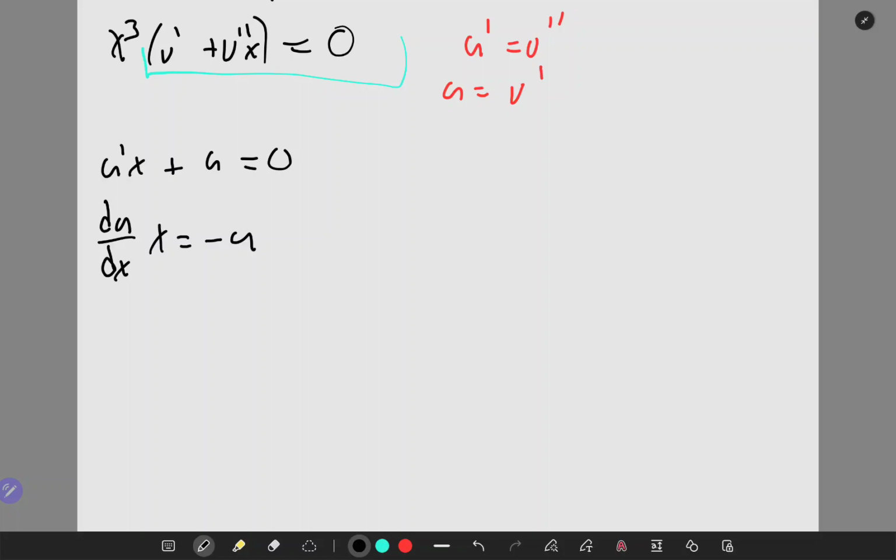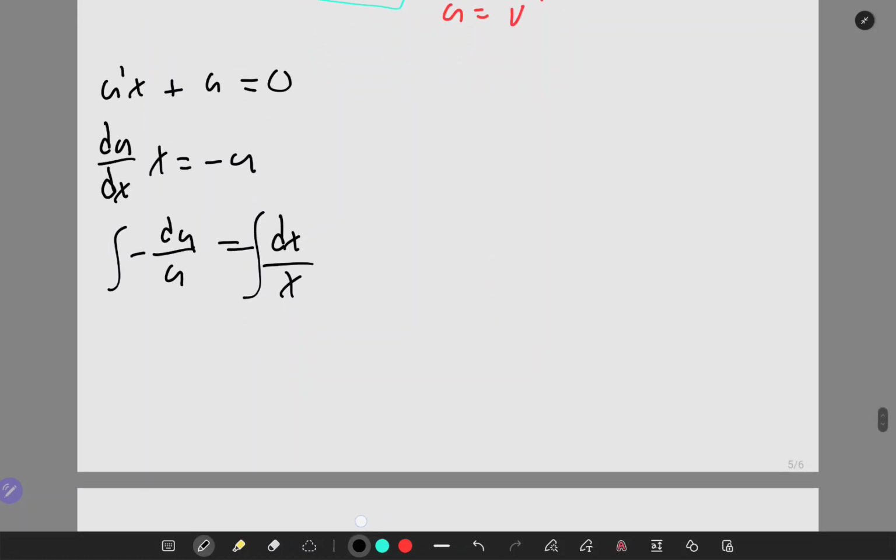So we have du on top here, so then this could be du over u is equal to, multiply both sides by dx, divide by x. That negative is still there. So let me show you what I'm doing here.